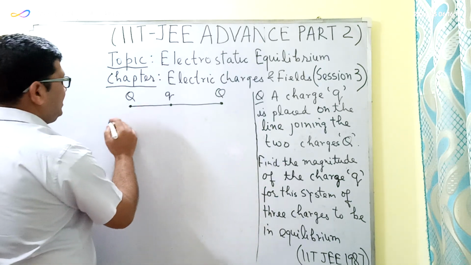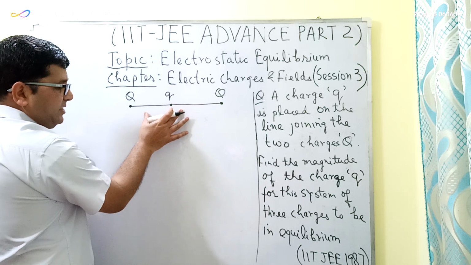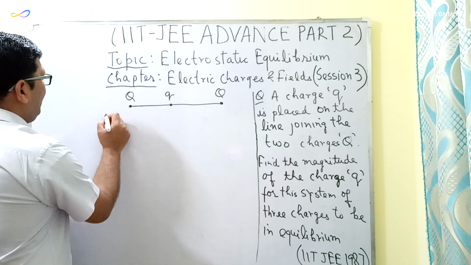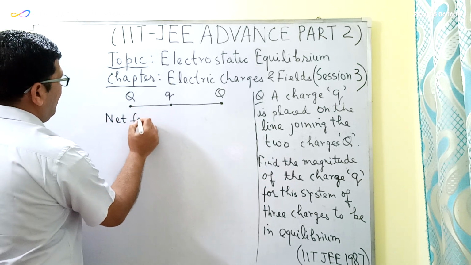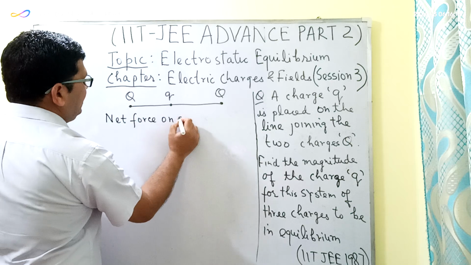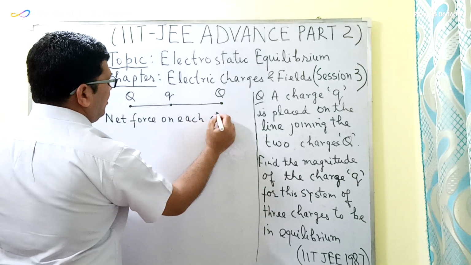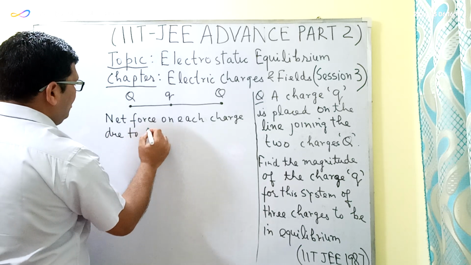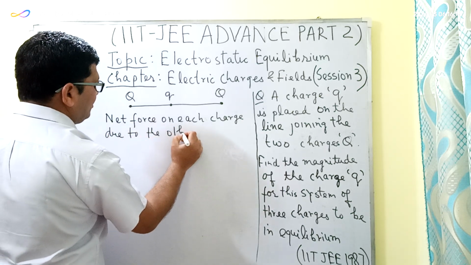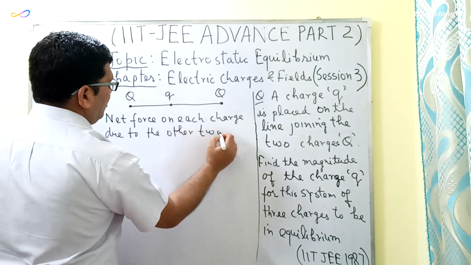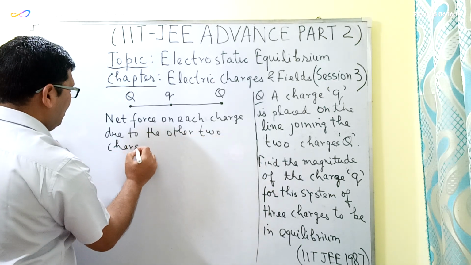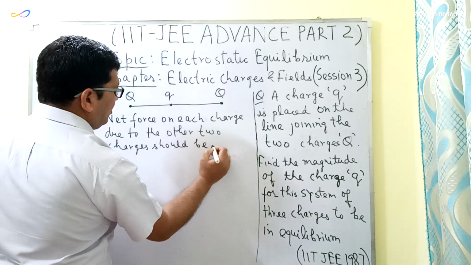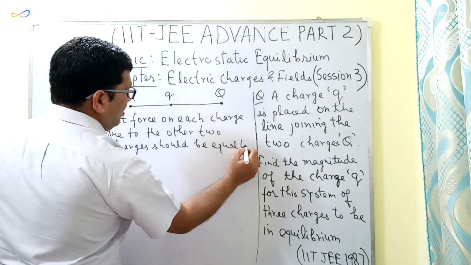So for this system of three charges to be in a state of equilibrium, the net force on each charge due to the other two charges should be equal to 0.